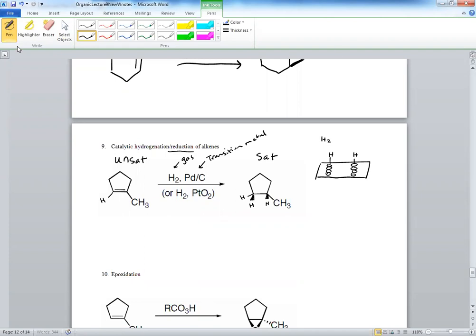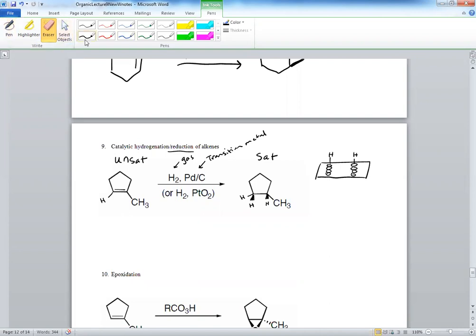And you put that in a balloon. Basically, you have a balloon, you put it in the reaction flask, you stick it with a needle attached to the balloon, and it goes in the reaction flask. Of course, it's closed with something called a septum.